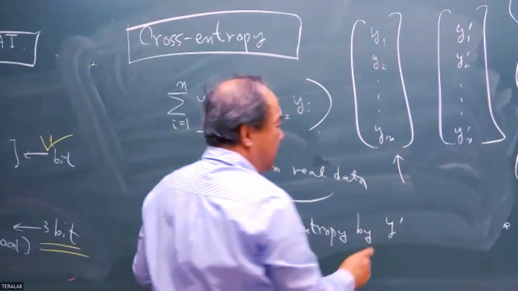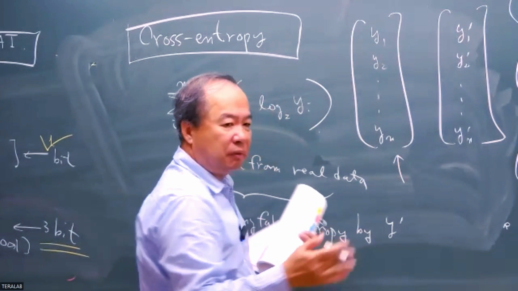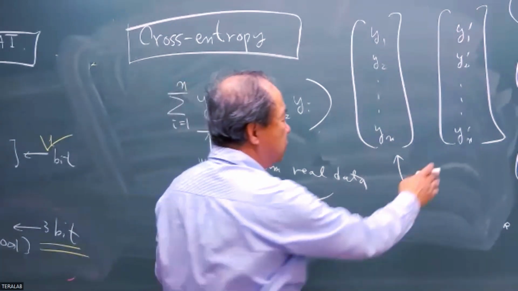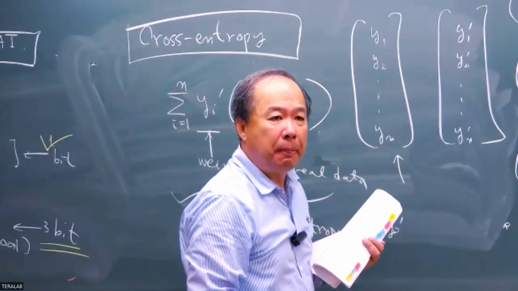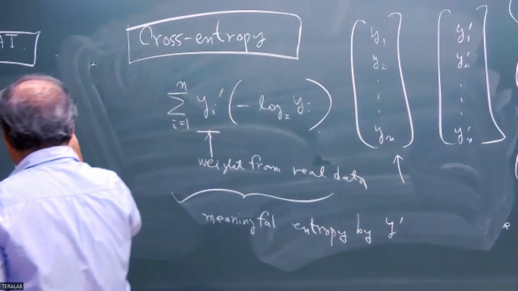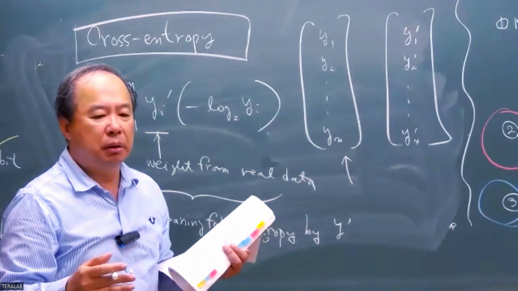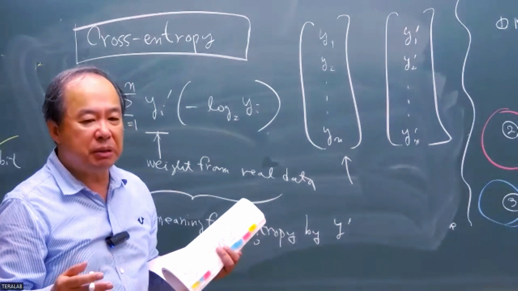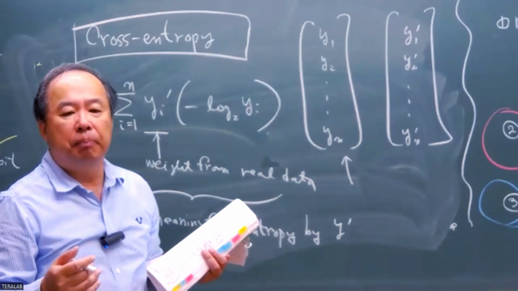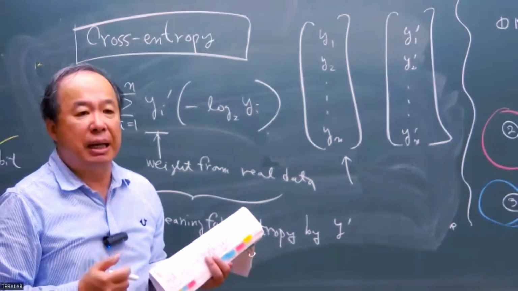This could be generative AI output of drawing a new picture. This could be a drawing of Picasso. You want to train this generative AI so that it can draw new pictures or images very close to Picasso style.